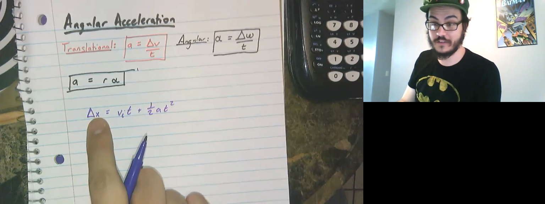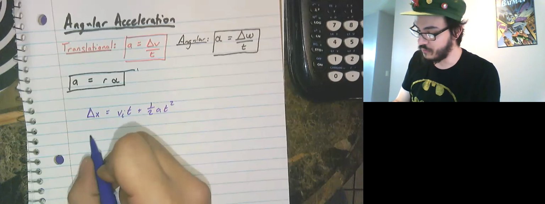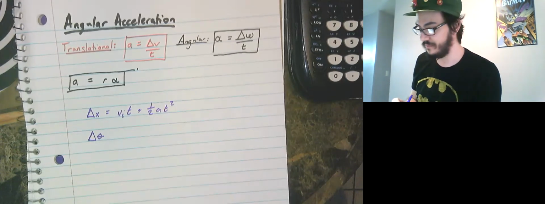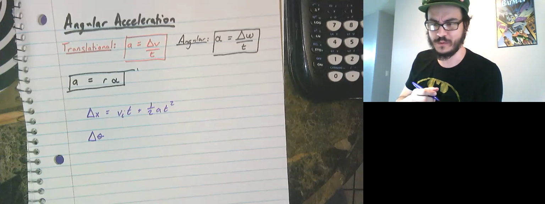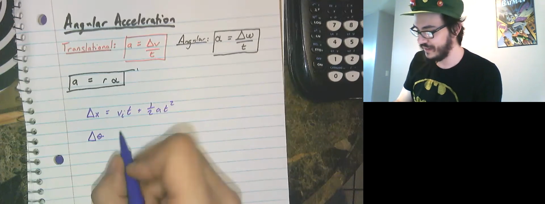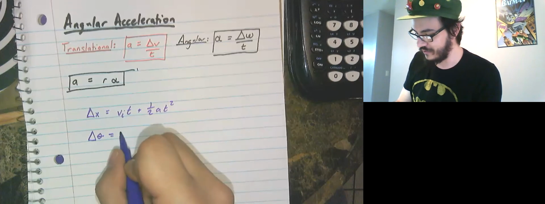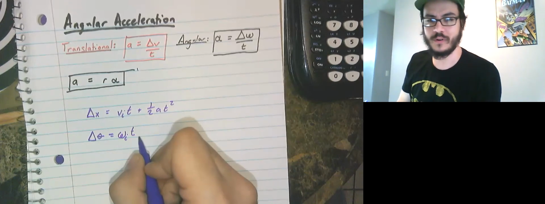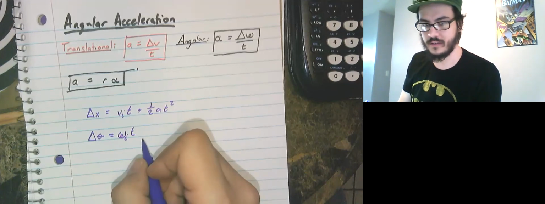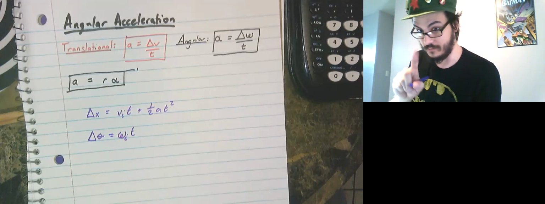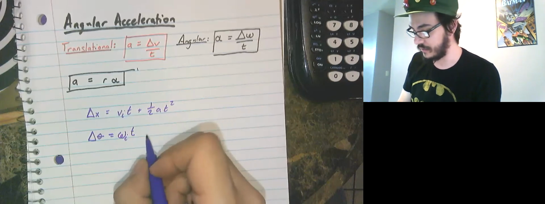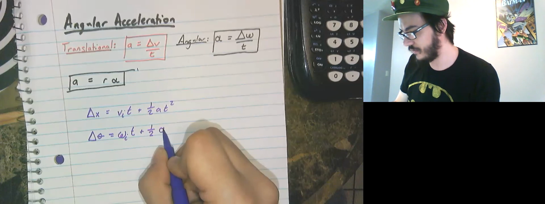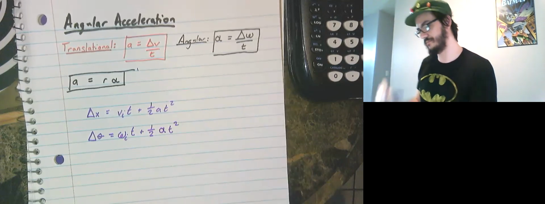Delta x, change in position, well, we're more concerned with the change in angle, angular displacement. Really, you're just putting the word angular in front of it. Angular displacement is angular initial velocity. You don't have to put the word angular in front of time. There's no such thing as angular time yet. But when we get a second time dimension, I'll get back to you. 1/2 angular acceleration alpha times t squared.